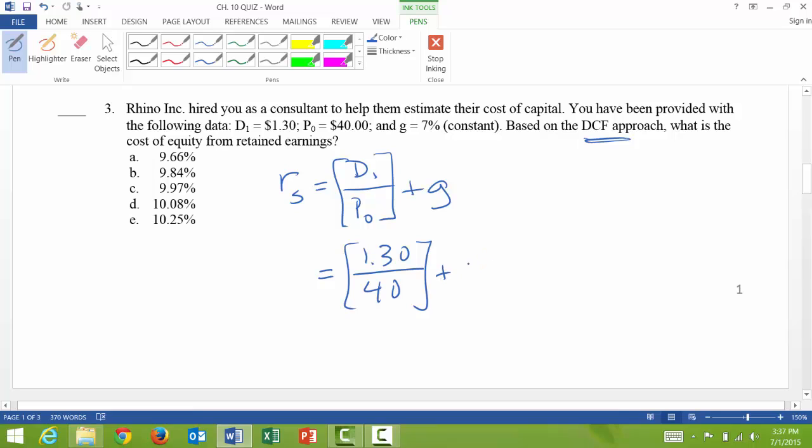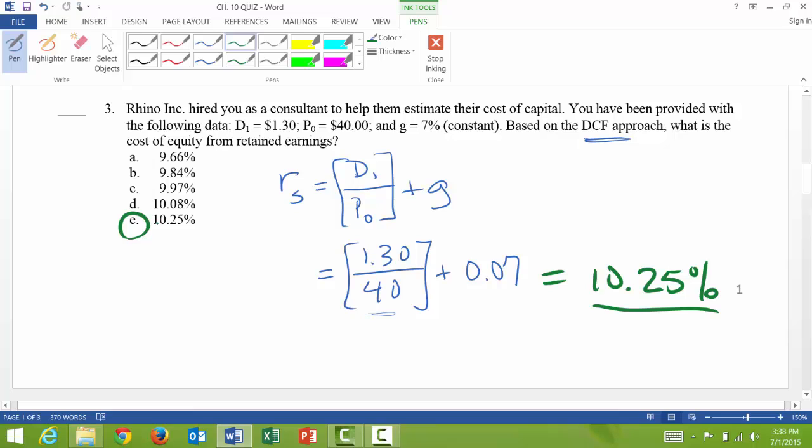Then the growth rate is plus 0.07. I put that in decimal form because this part over here will be in decimal form. So the answer will equal 10.25%, and that's answer E.